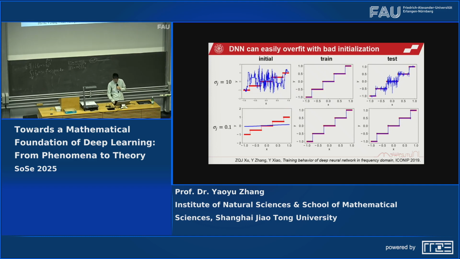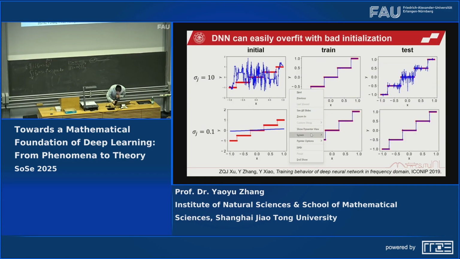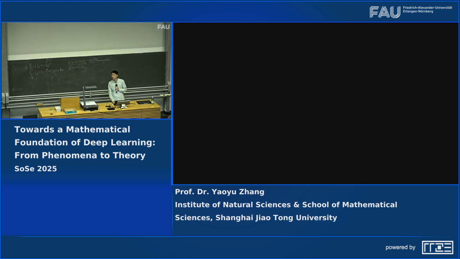So what I do is, I use a neural network to train on these red training data points. They are very dense, but there are intervals. Okay, so the blue line is the initial output function.